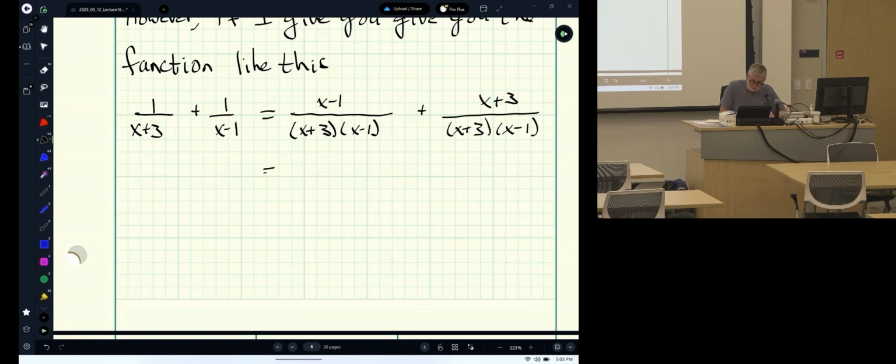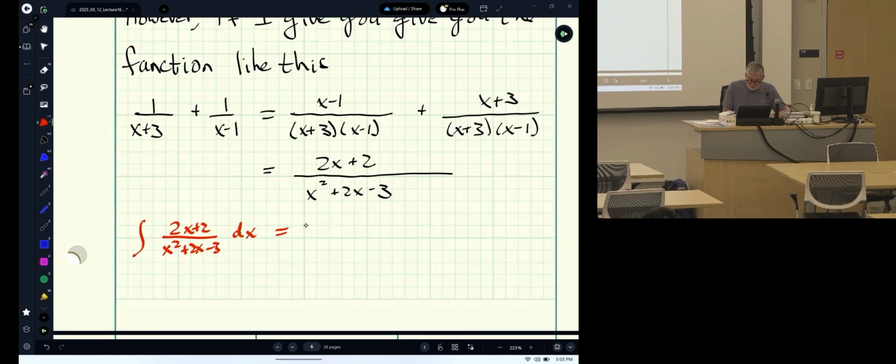I'm just showing you where my example comes from. And so now I can add up the numerators, and I get 2x plus 2, and I can multiply out the denominator, and I get x squared plus 2x minus 3. So you're asked to do the antiderivative of 2x plus 2 over x squared plus 2x minus 3 dx.